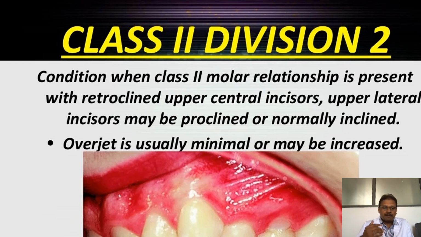The upper lip, the mentalis muscle, the buccinator muscle, everything is normotonic. That means all the muscles are normal. The profile is also straight, and we have a straight divergence. So almost they look like class 1, but dentally they look class 2. This is called class 2 division 2 malocclusion, or div 2 in short.